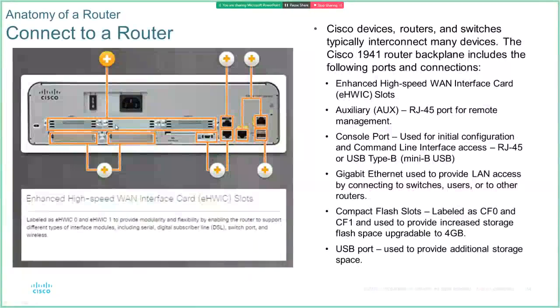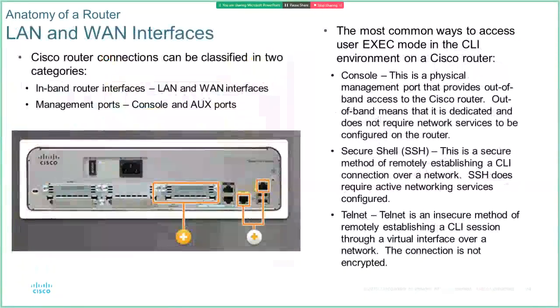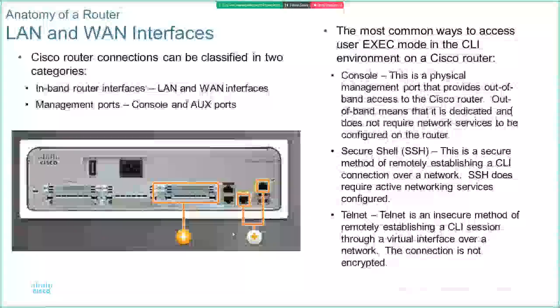We can do lots of things in these expansion slots. So basically we have our LAN ports in these expansion slots, our LAN ports in the gigabit ports, and then in the console ports we will have the console connection.